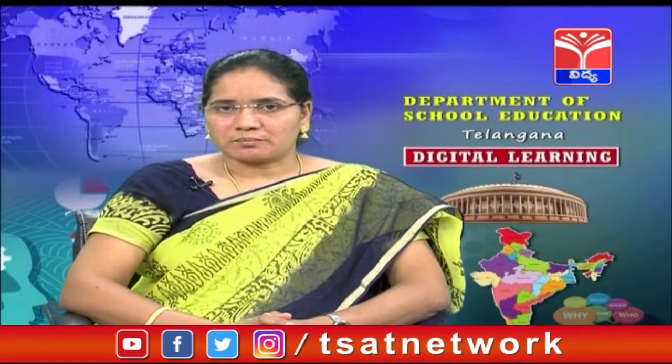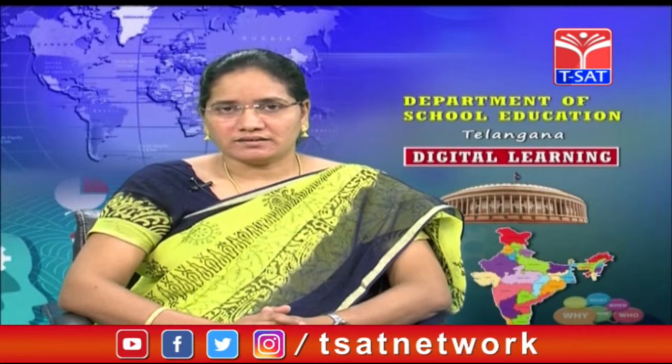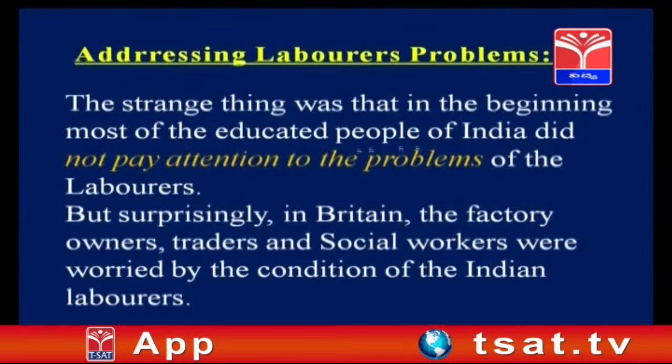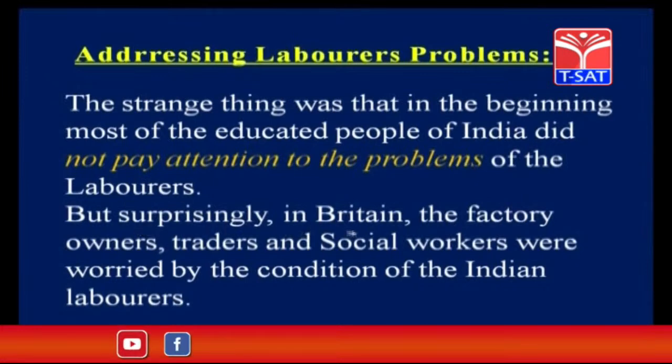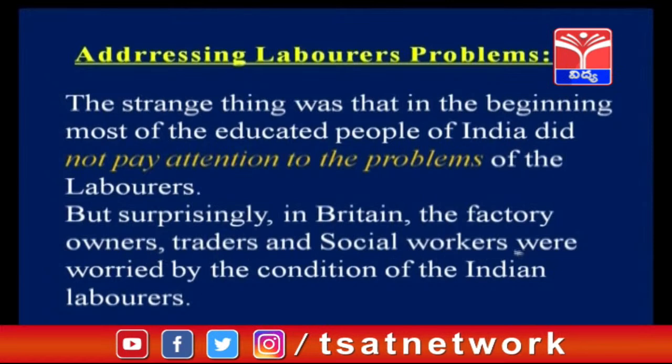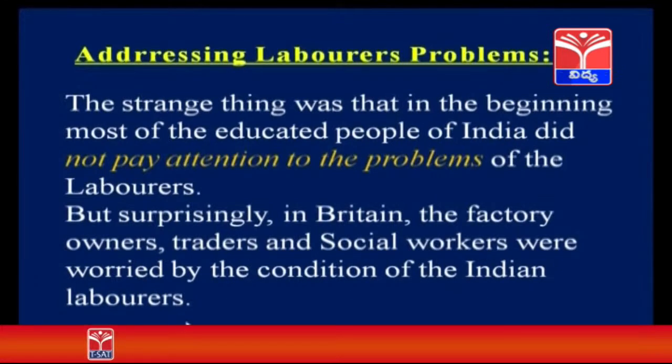At this time, one strange thing is that the educated people in India did not support the laborers working in the industries. Most of the educated people in India did not pay attention to the problems of the laborers. But surprisingly, in Britain, the factory owners, traders and social workers were worried by the condition of the Indian laborers.